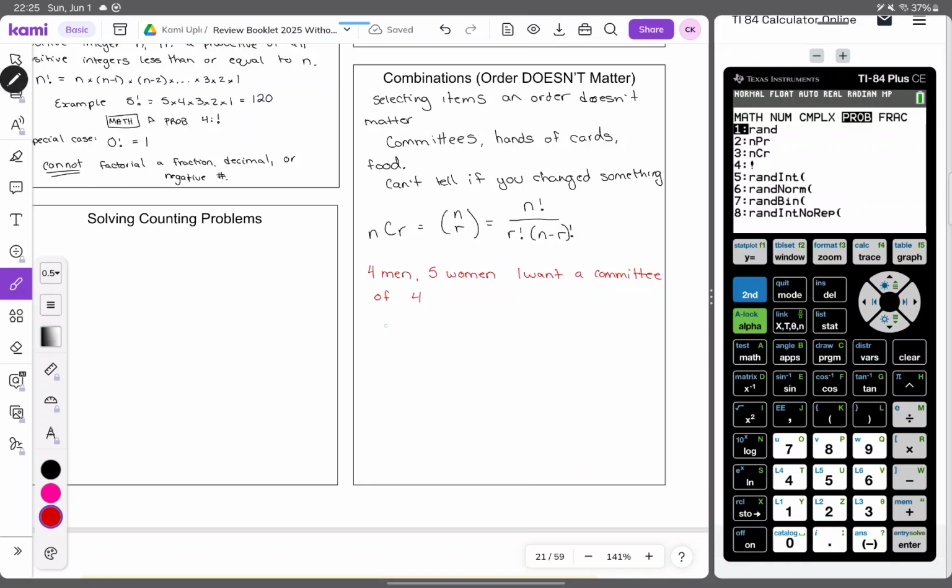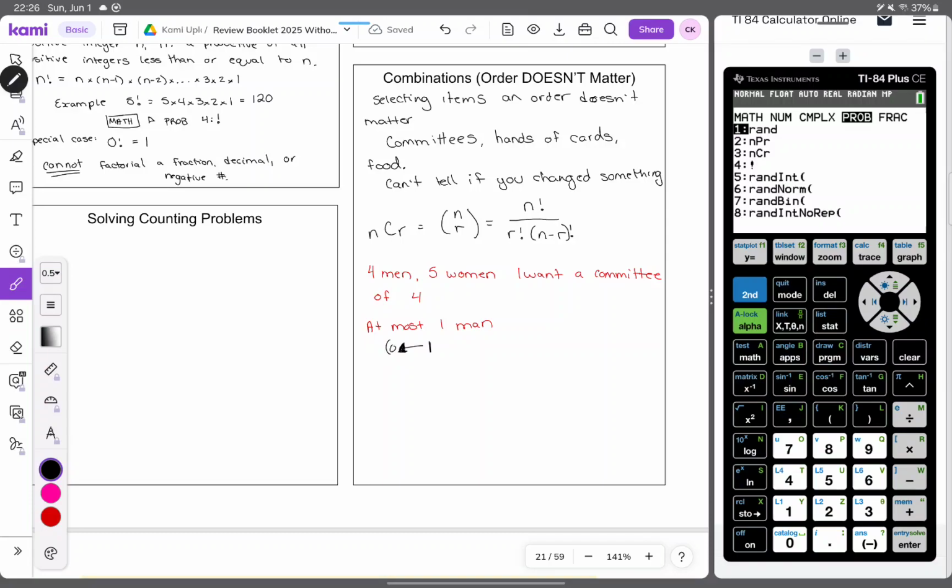Maybe in this committee of 4, I want at most 1 man. So when we have at most, we want to start at the number they give you, that 1, and we want to count down till we run out of options.